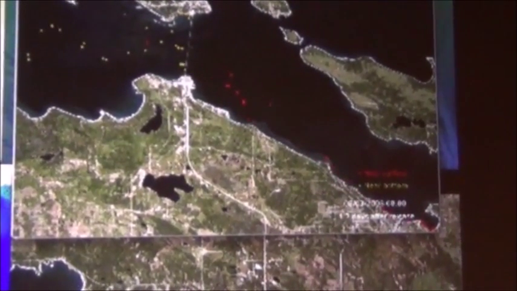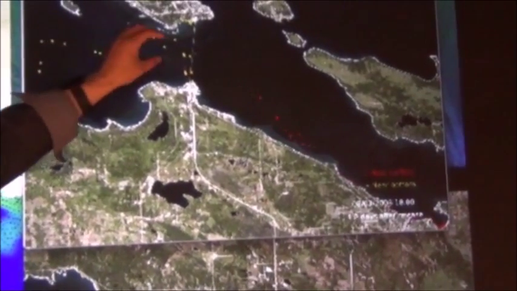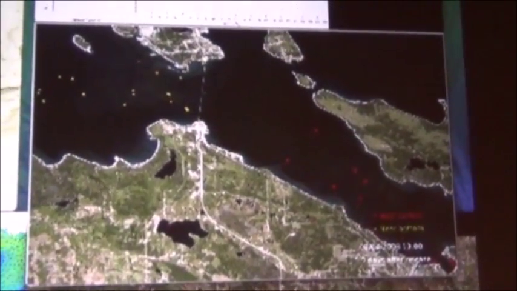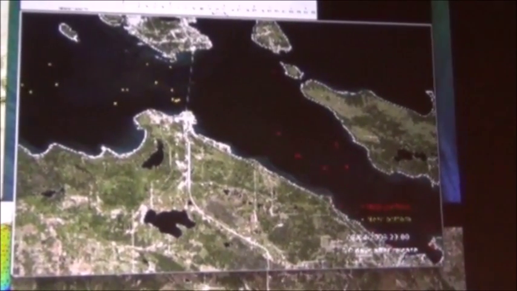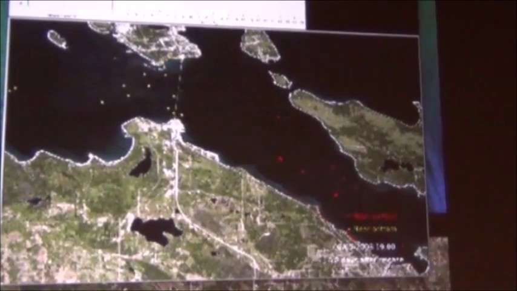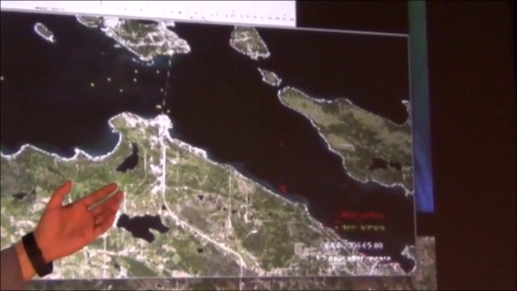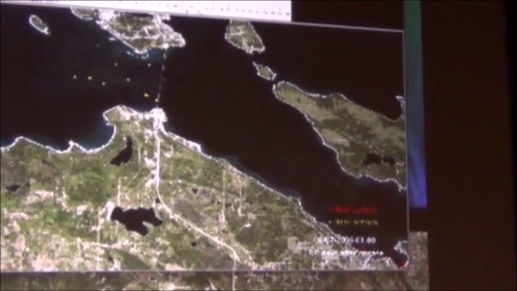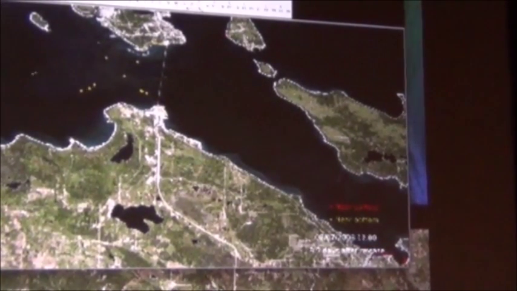the 3D flow condition, and we can release particles here to represent the scenario of the oil spill occurrence. And by looking at the movements of the particles, we can understand or estimate where is the high risk or low risk region if the oil spill occurs.